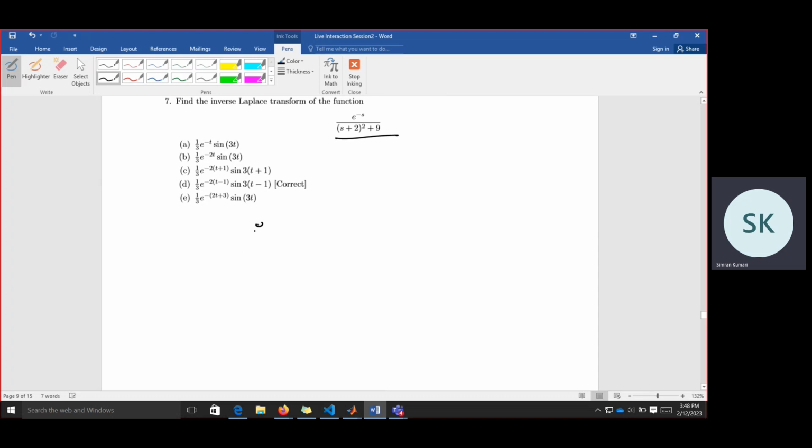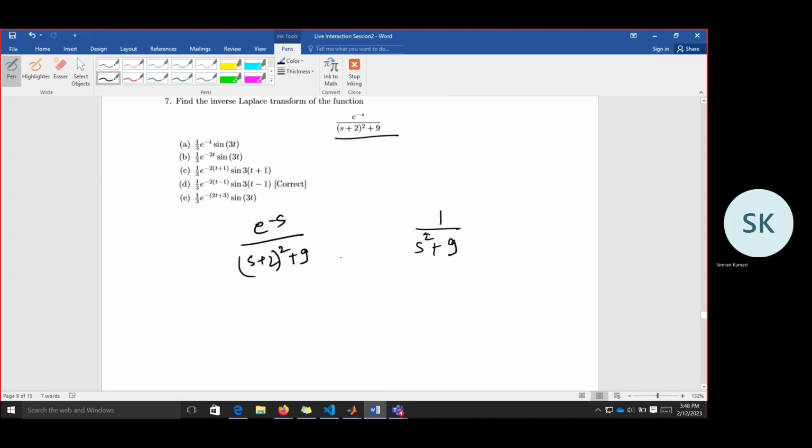If you see, this is the signal, something like 1 plus s square 9 if we start from here. So what will be the inverse Laplace transform of this one? And then in place of s, we have s plus 2.